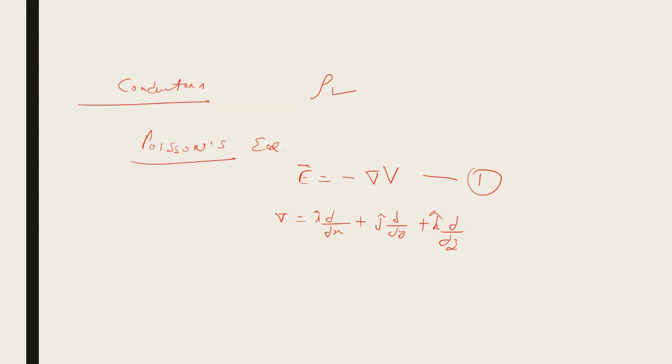Now for a continuous distribution of charges of volume charge density rho, the differential form of Gauss law is given by del dot E equals rho by epsilon naught.